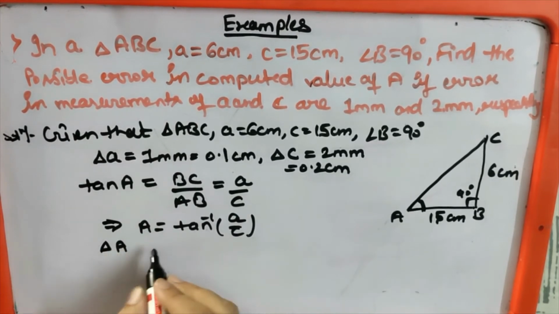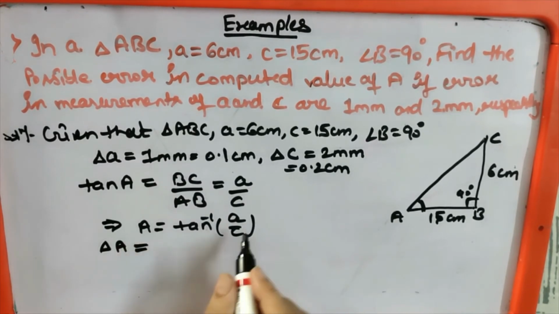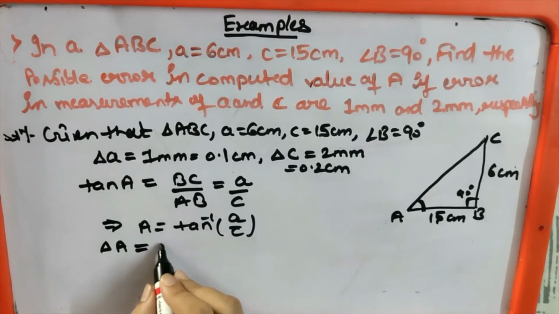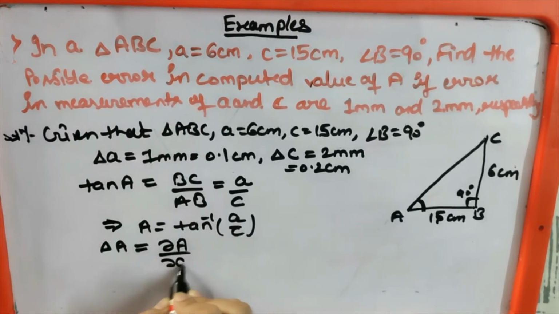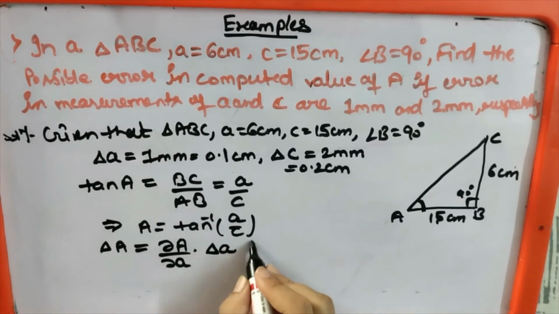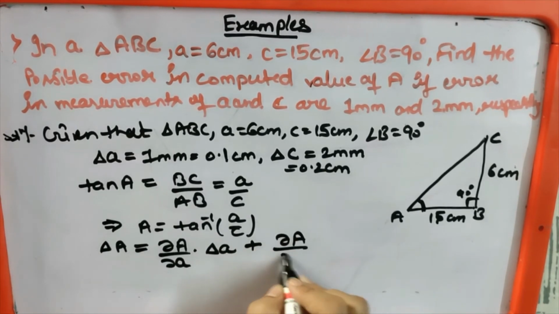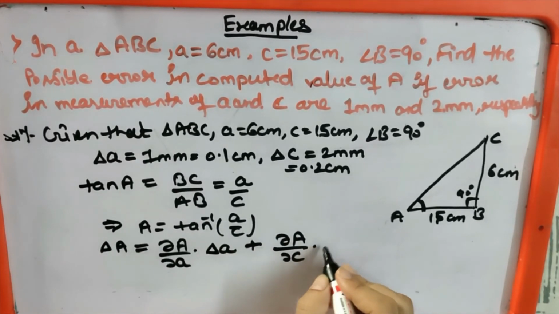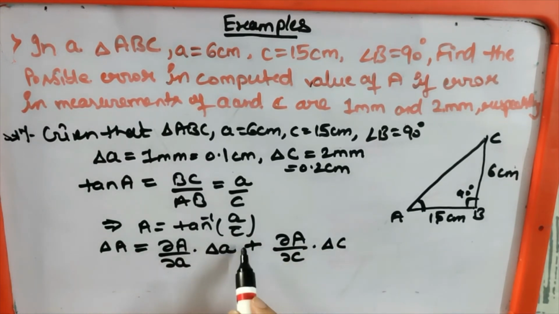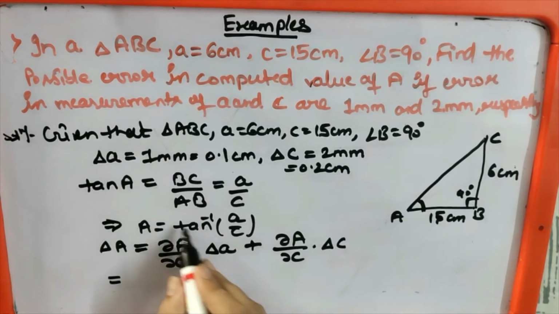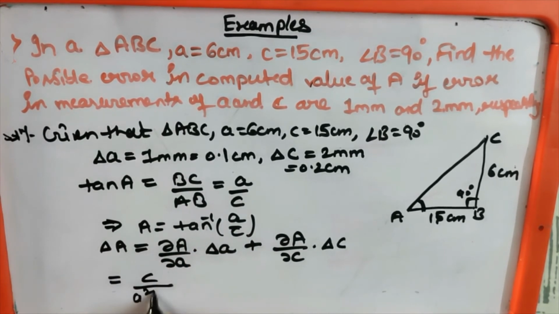Delta A is equals to, here A is a function of two variables a and c, that is delta A upon delta a into error in a plus delta A upon delta c into error in c. If you use formula which we have derived by Taylor's series, you will get the same formula. Now differentiate this with respect to a, you will get c upon a square plus c square. Now differentiate A with respect to c.